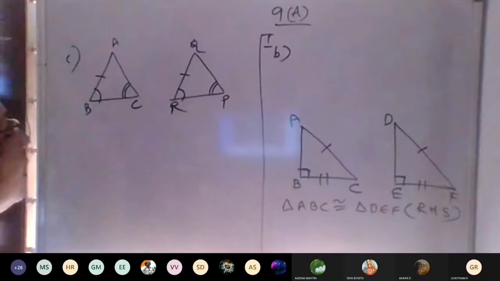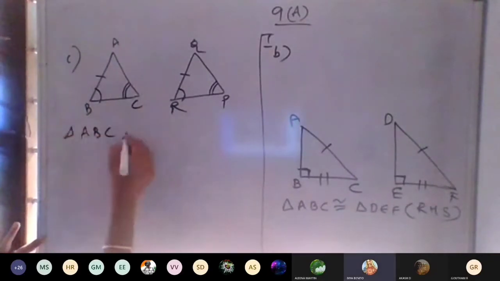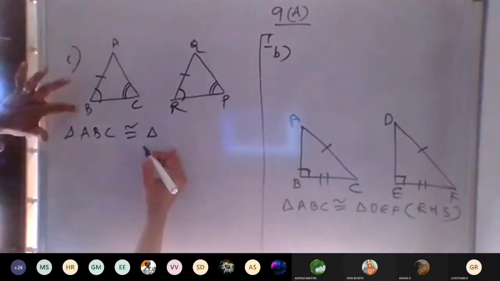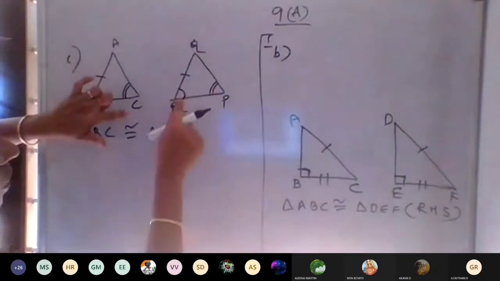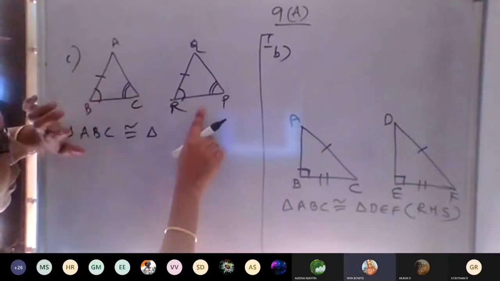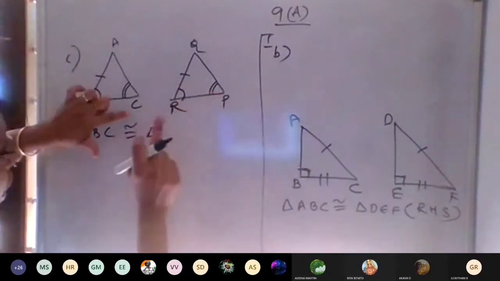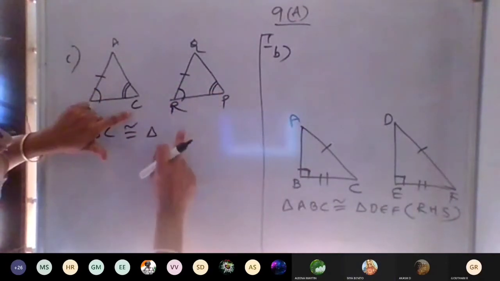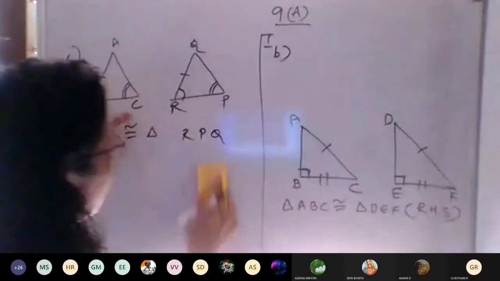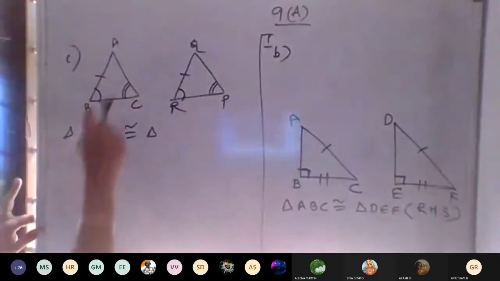Then do the next one. So here we can write what? Triangle ABC is congruent to triangle QRP. This is very important next year. If you are writing ABC, don't write RPQ. Understood? Corresponding sides and corresponding angles. Think of that and write.